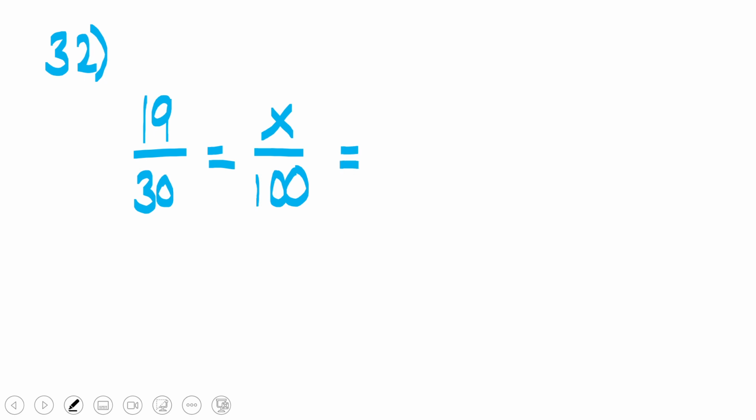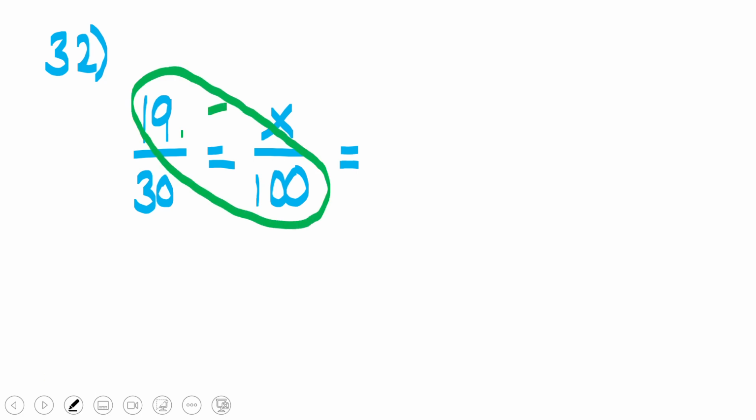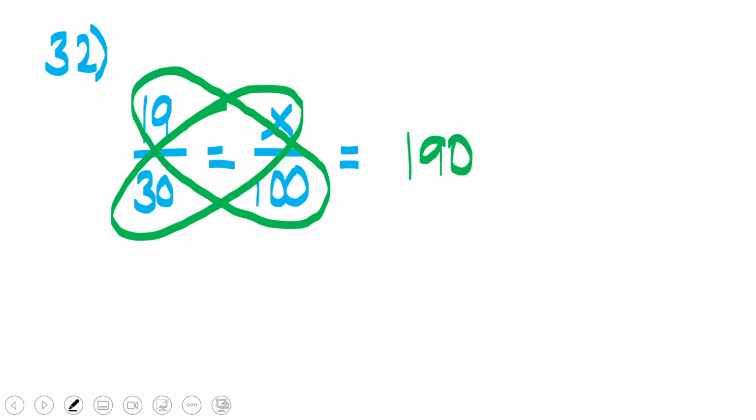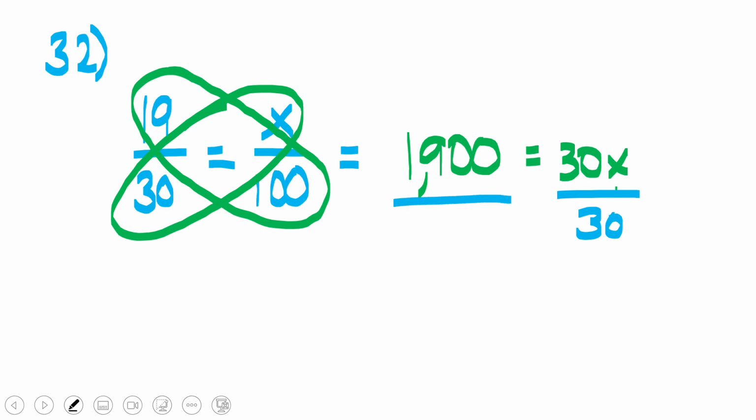Alright, so if we look at that, we multiply, butterfly it out. Extremes times the means. The extremes go on the left, so you're going to have 1900 equals 30x. Solve. 30 is multiplied by x. You divide by 30 to get rid of it. Get x by itself. That's your goal. X always moves over to the left. And our answer moves away.